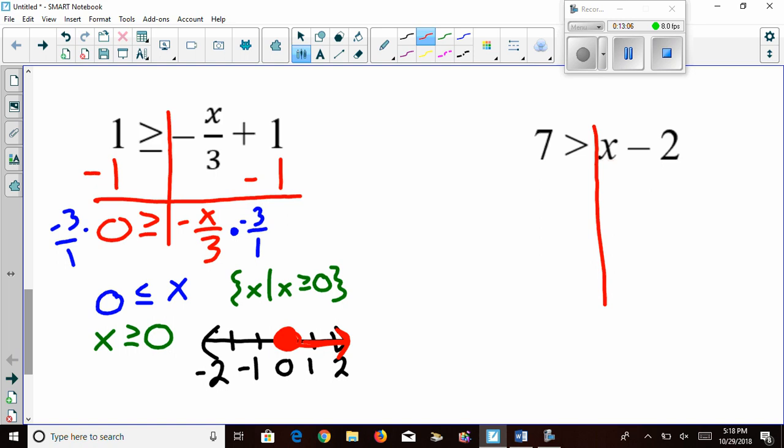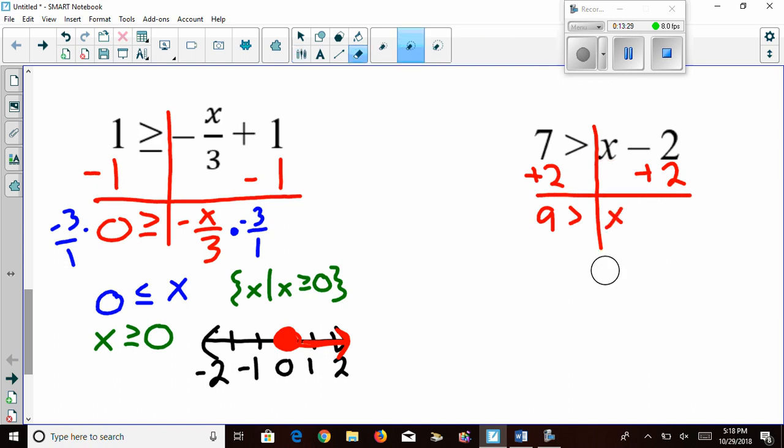7 is greater than x minus 2. So I have a minus 2 that has no variable. I should go ahead and add or subtract it away. So I'm going to add 2 to get 9 is greater than x.